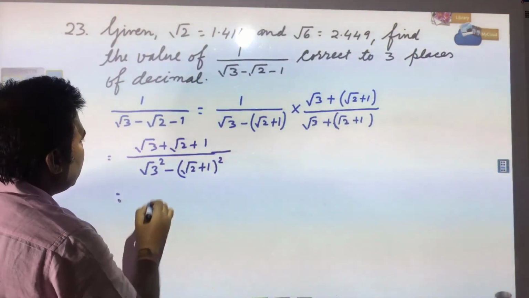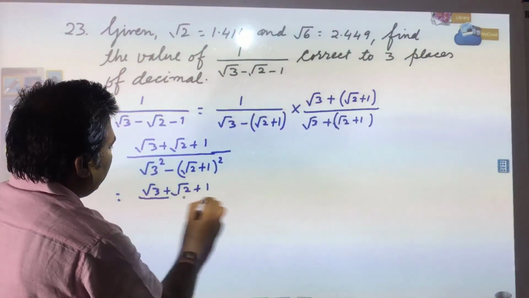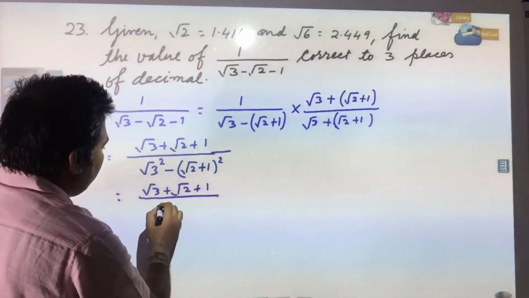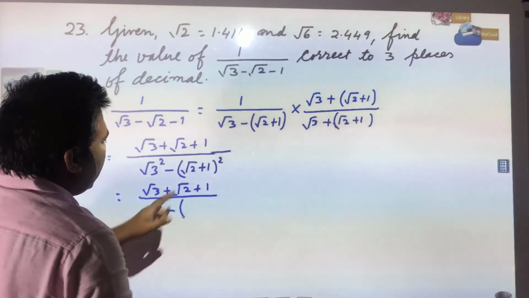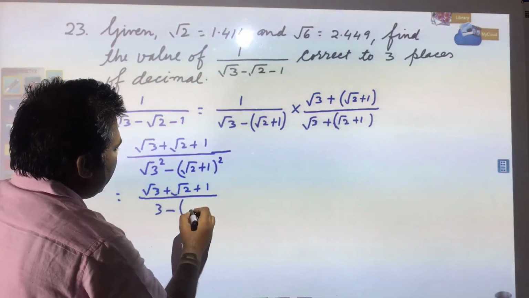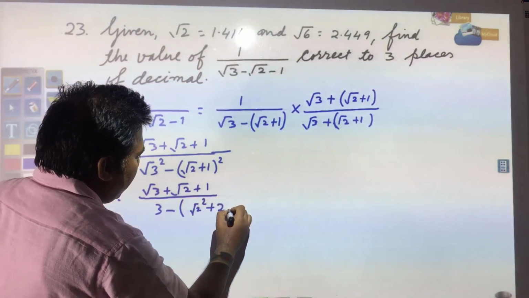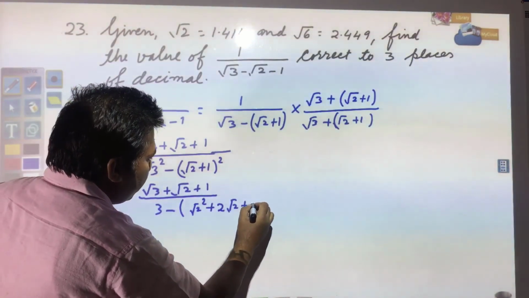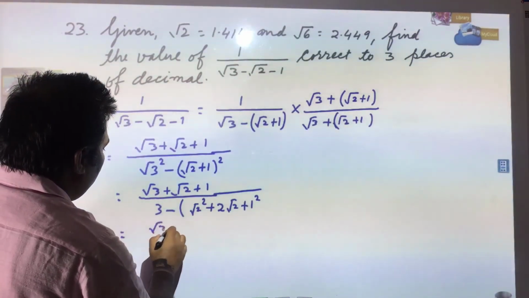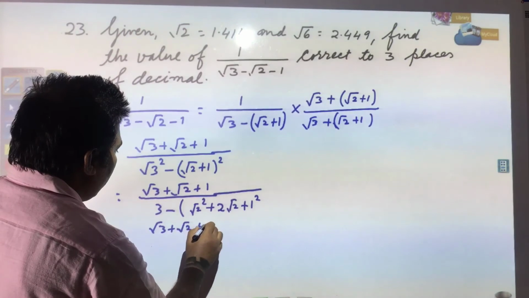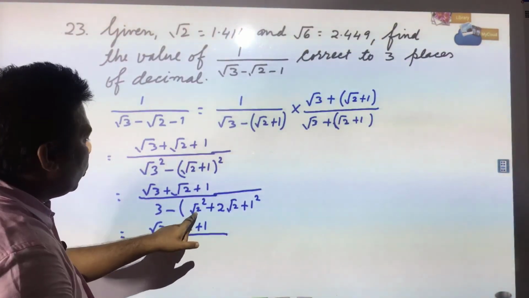So, you will get root 3 plus root 2 plus 1 divided by root 3 square, which is 3, minus, here you see this can be written as a plus b whole square. It means a square plus 2ab plus b square.